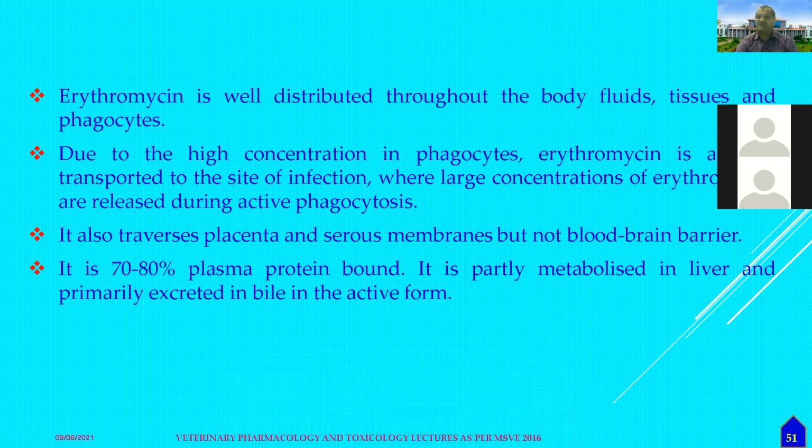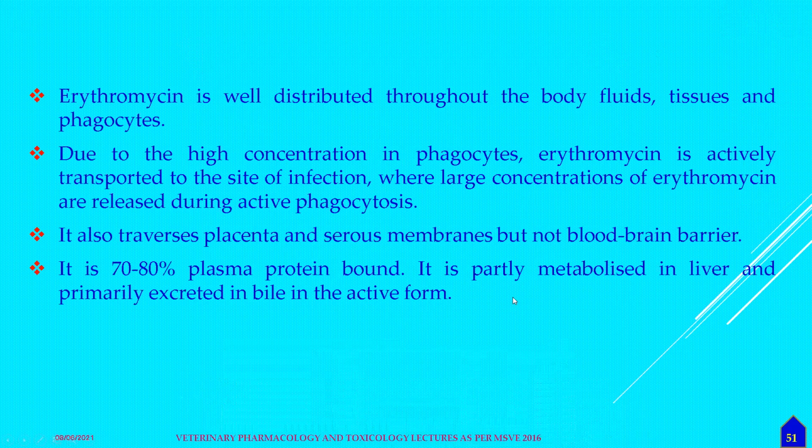So erythromycin is well distributed over the body fluids, especially the phagocytes. Yesterday you said that the concentration of these antimicrobials will be high in the phagocytes, and due to the high concentration in phagocytes, erythromycin is actively transported to the site of infection.